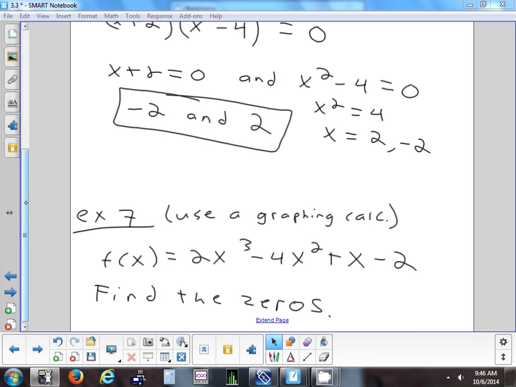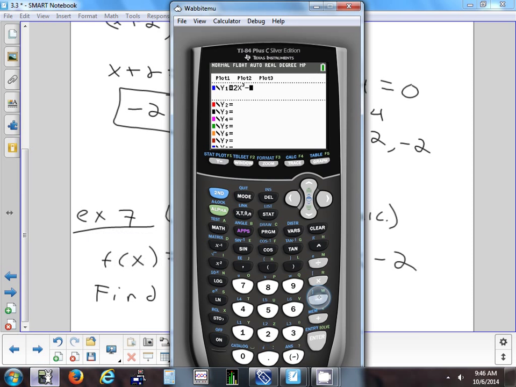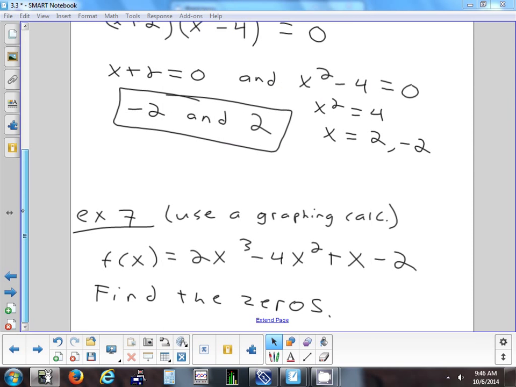Okay, so 2x cubed minus 4x squared plus x minus 2. It looks like there's a root at 2. How I could quickly check if that's a root, all I'd have to do is plug that in and see when I plug in 2 for x, do I get 0 for y? I could check that really quick.